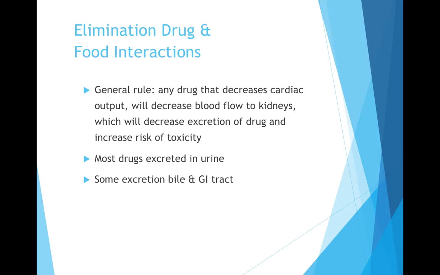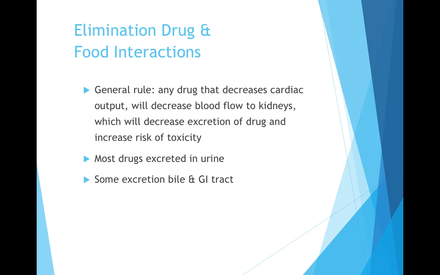In elimination of drug and food interactions, there's a general rule. Any drug that decreases cardiac output will also decrease blood flow to the kidneys, which will decrease our excretion of drug. So if we're slowing cardiac output, which will slow blood flow to kidneys, we will lower the excretion of drug rate, and that can increase risk of toxicity.